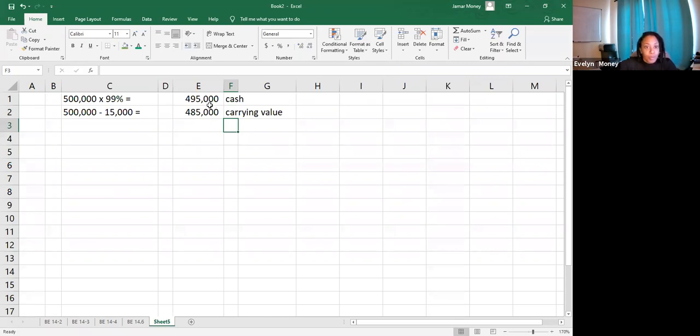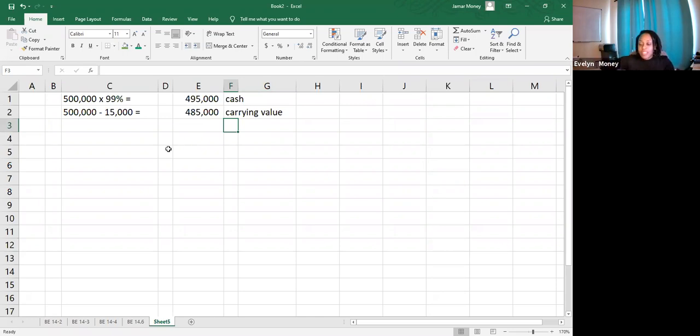In other words, I'm paying a little bit more to get rid of this debt, and that represents a loss. So the difference between the cash that I'm paying out and the carrying value, in this case, because the cash is more, I'm paying out more than what it's worth, it's a loss. If I got to pay out less than what it was worth, then I made out pretty good. It would be a gain. But in this one, it is a loss.